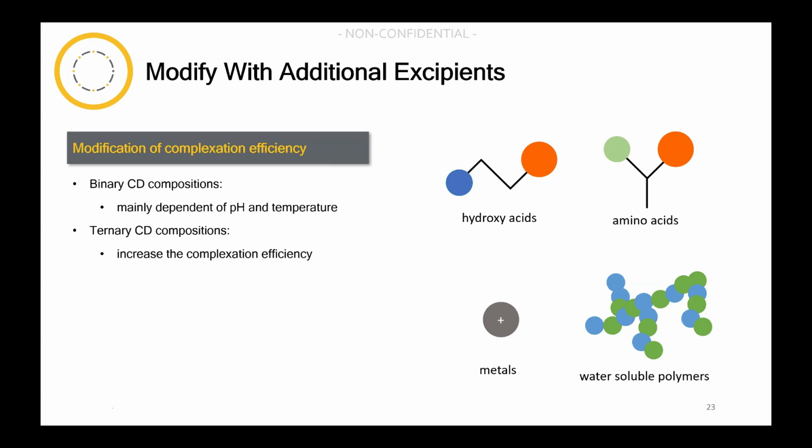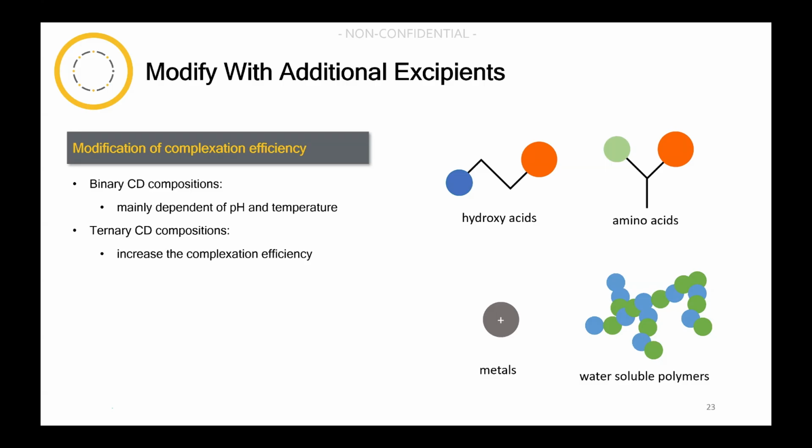So we saw that this high amount of cyclodextrin is used, of course, because it's needed for the APIs to be dissolved, but you can decrease this cyclodextrin concentration by using a third component, for example, hydroxy acids, amino acids, metal ions, or water-soluble polymers.